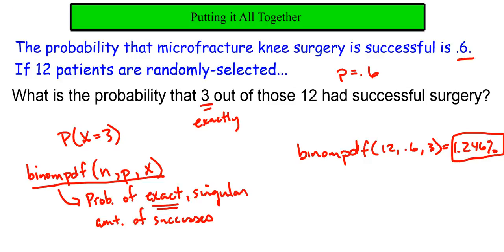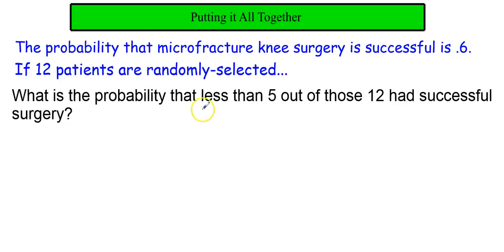So let's look at a different type of question, still dealing with the binomial distribution. In this particular case, we want the probability that our number of successes is less than 5. All right, so think about this for a second. If we want the probability that we get less than 5 out of 12, well, we actually need to calculate a bunch of different things.